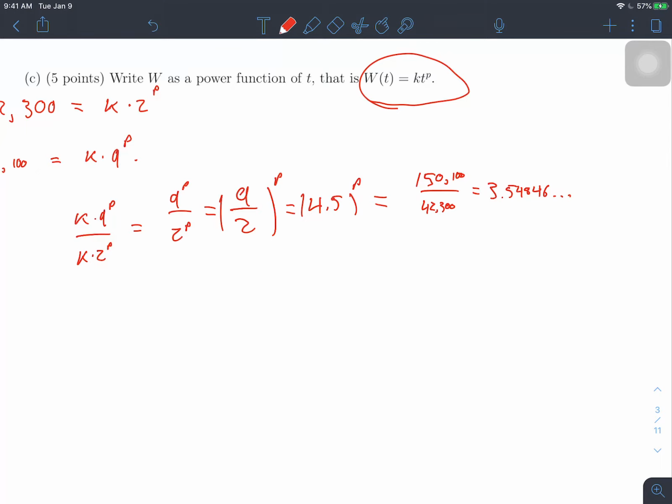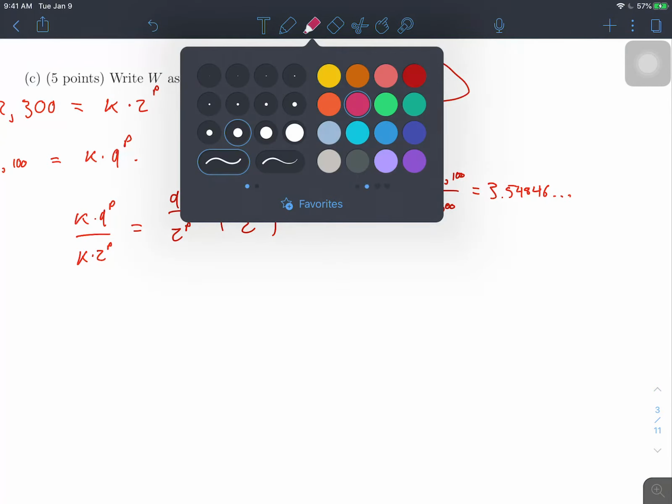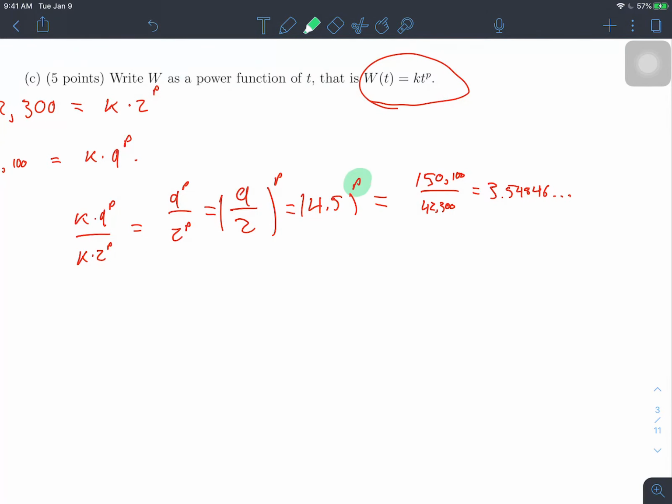Okay, and what we're interested in knowing is really what is this P, this power P? This is what we want to find out. So we have an equation, 4.5 to the power P equals some number, and we want to know what the exponent is. So this should be screaming out for a natural log on both sides. So let's do it. We'll get ln of 4.5 to the power P is equal to ln of 3.54846.